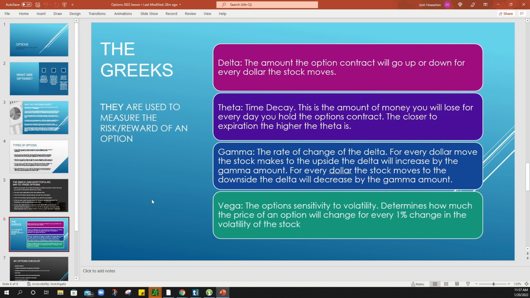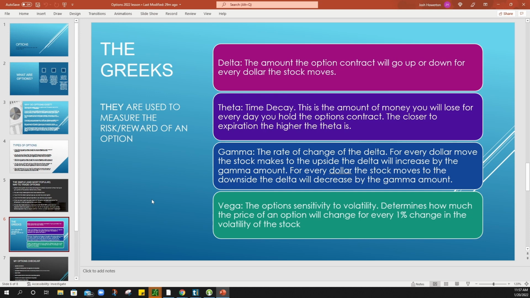If the stock goes down $1 and the delta is $30, the options contract will go down by $30. So again, it's the amount the option contract will go up or go down for every dollar that the stock moves.